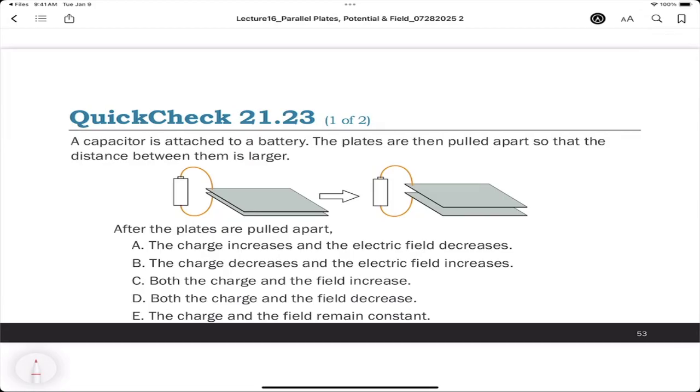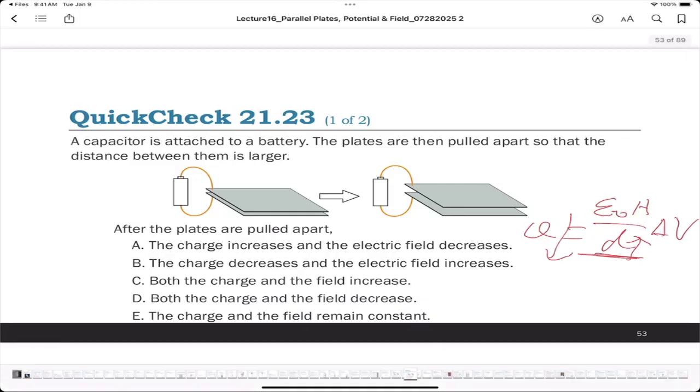So Q equals what? Let's write down the equation here. Q equals A over D times V, so D is an increase, so the Q will decrease.